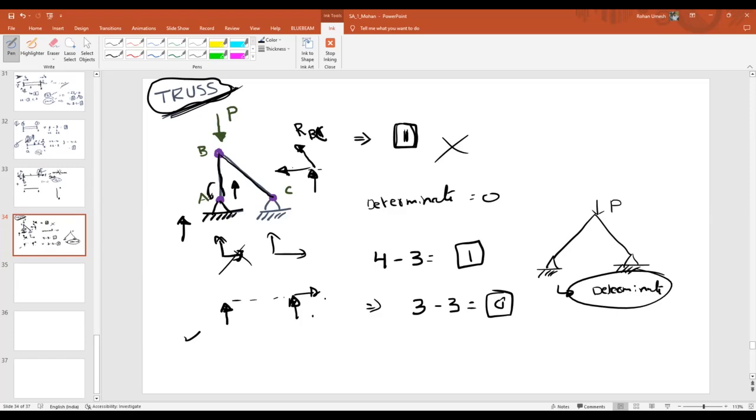Why it is determinate, we will discuss clearly while solving the truss problems, or I can tell you now itself. You have some idea about truss cases, right?